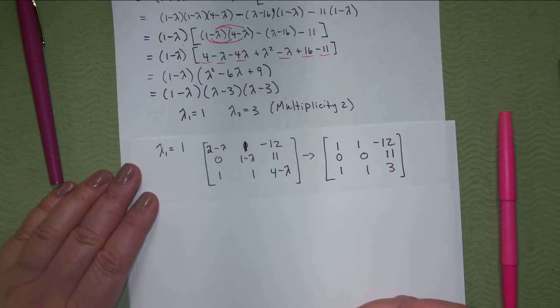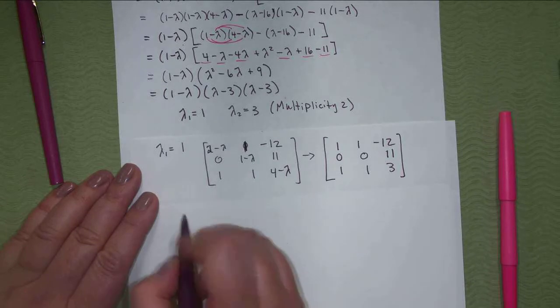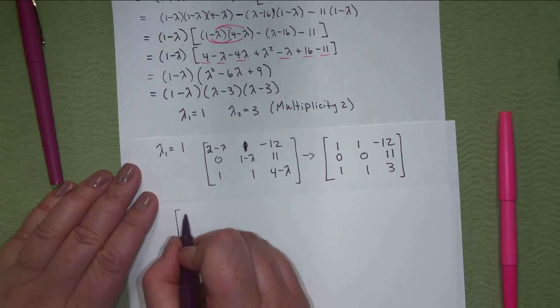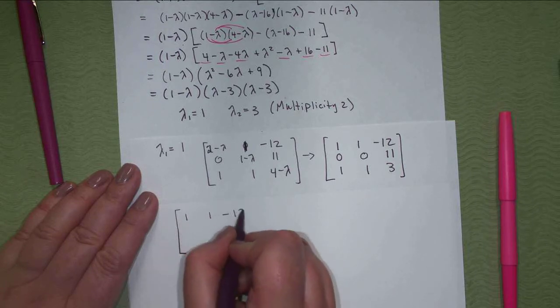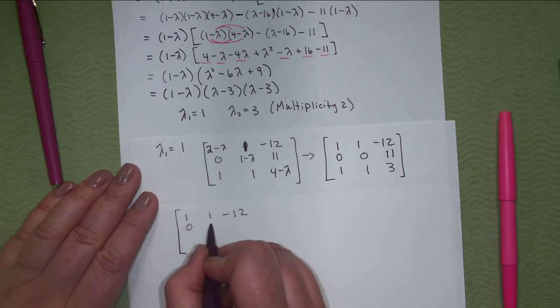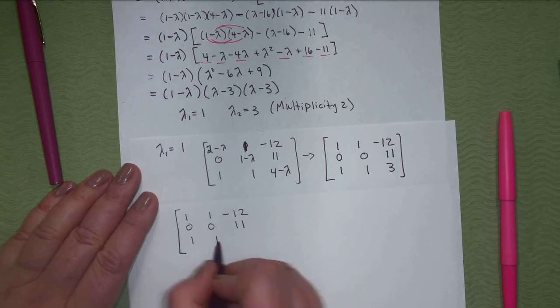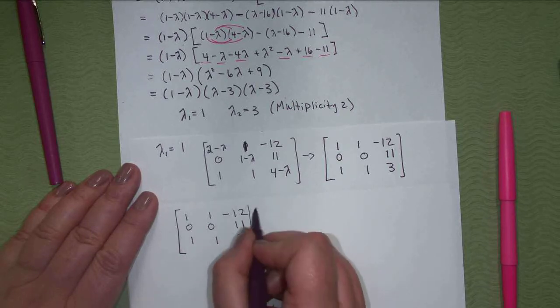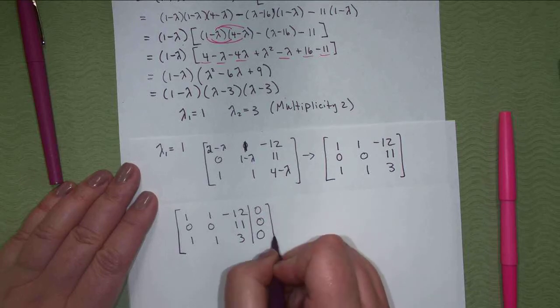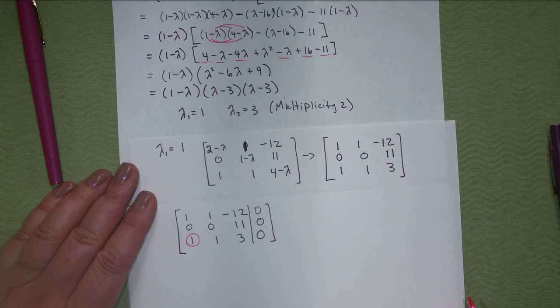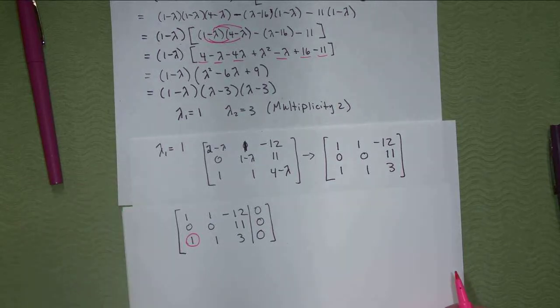Okay, and then row reducing. So, this isn't going to work, which is fine.